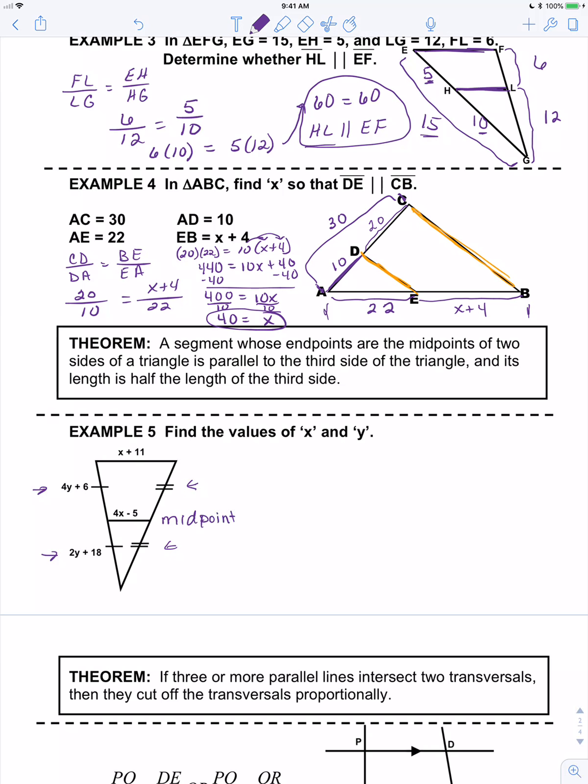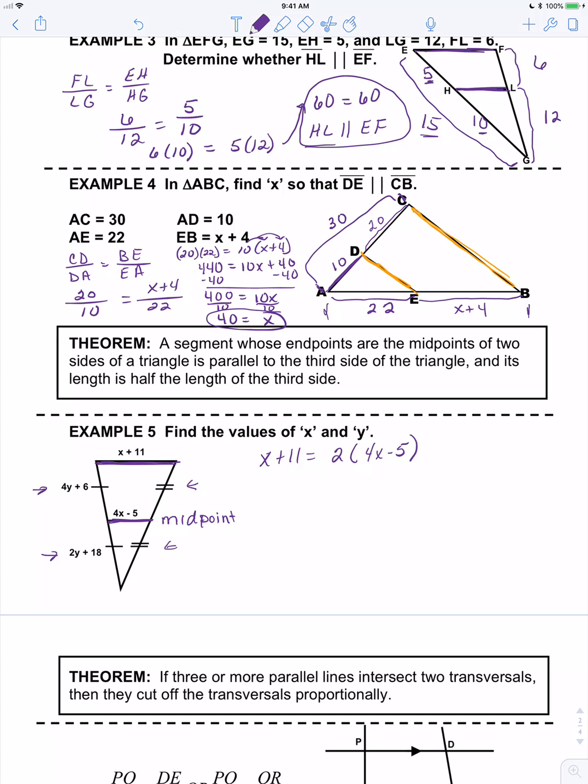We know that this line is going to be 2 times this line. So we should be able to say x plus 11 would be equal to 2 times the 4x minus 5.